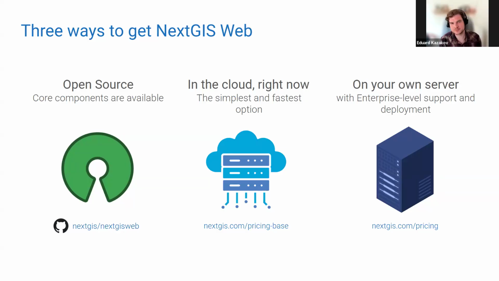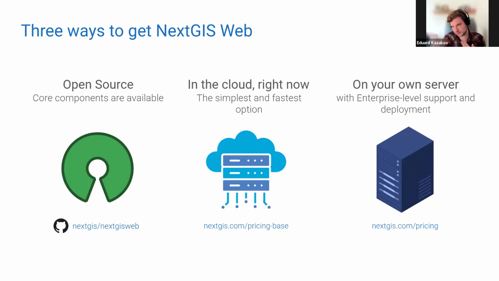But being an open source company, we are still a commercial company, of course, and we sell something. And what we sell is ready-to-use cloud access to this. So in several clicks, you can create your own cloud instance without managing any servers. This is the simplest and fastest option to get started with NextGIS Web.